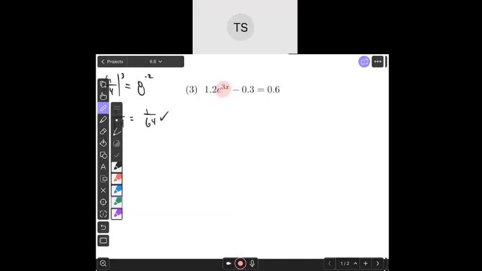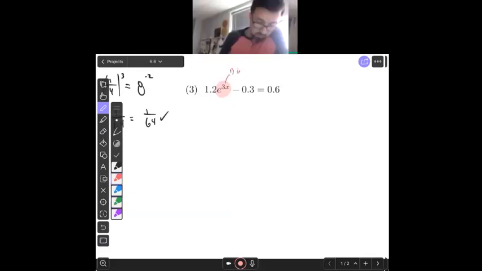Try again. What else on that side of the equal sign would we need to deal with? The 0.3? How would we get rid of that?